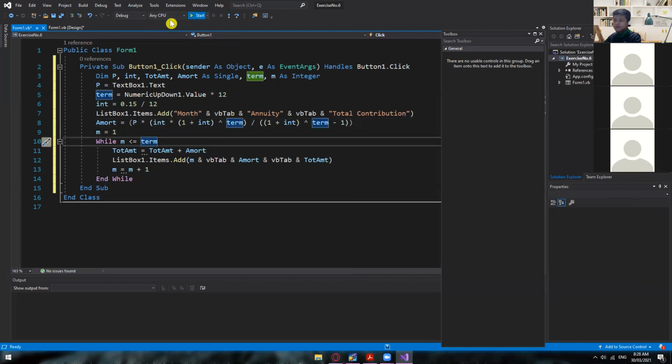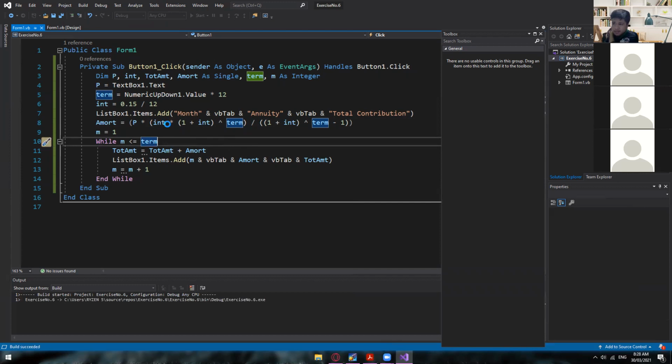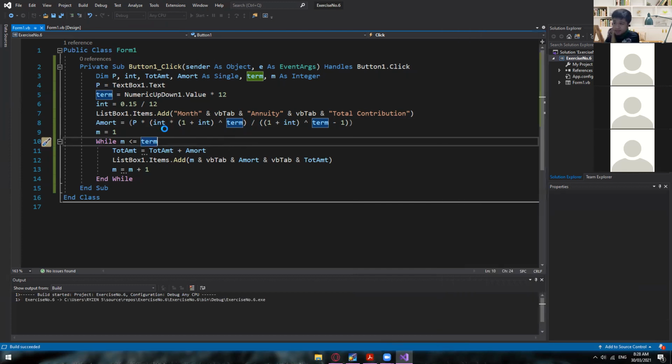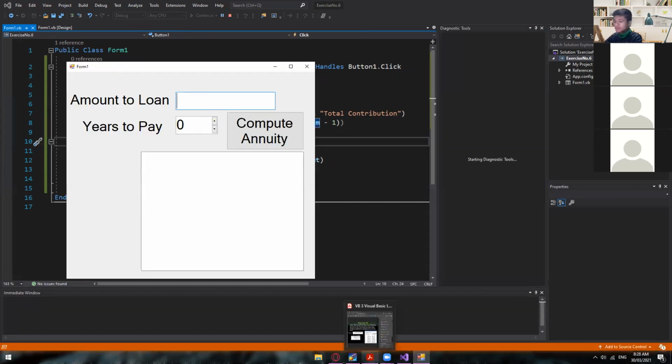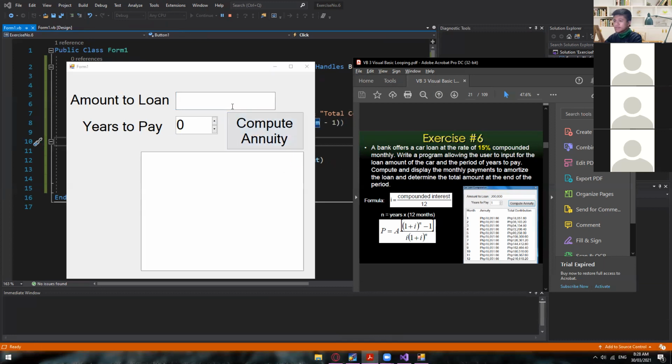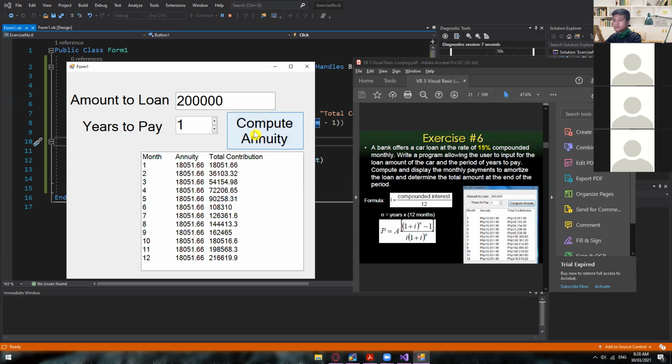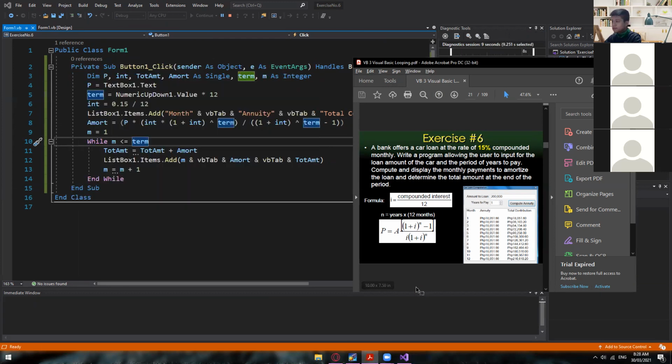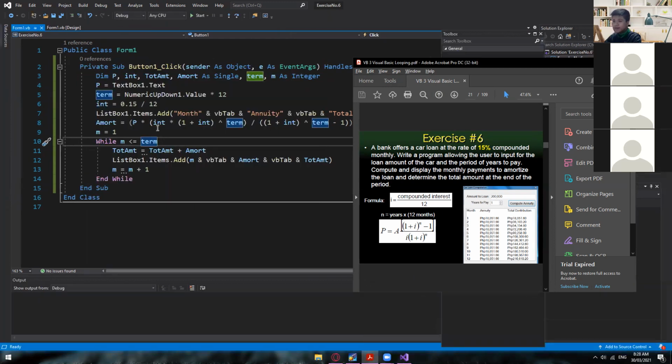Okay, so let me just check if the formula is correct or not, since the int or the interest is doubled. So in here we have 200,000 for 1 year. So that's correct. However, we have B here as letter A, and supposedly it should be 1 plus int raised to term, which is correct.